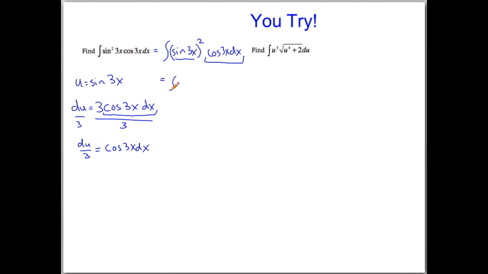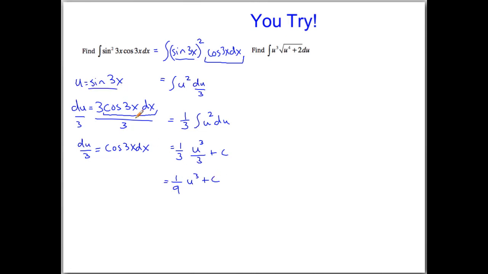So this becomes the integral of u squared, and then instead of cosine 3x dx, I can write du over 3. Okay, so now I have a du over 3. I do want to take out that 1/3. Now it'll just be u squared du. And now it's fairly simple to integrate. So have our 1/3. It'll be u cubed over 3 plus c, which is really 1/9 u cubed plus c.